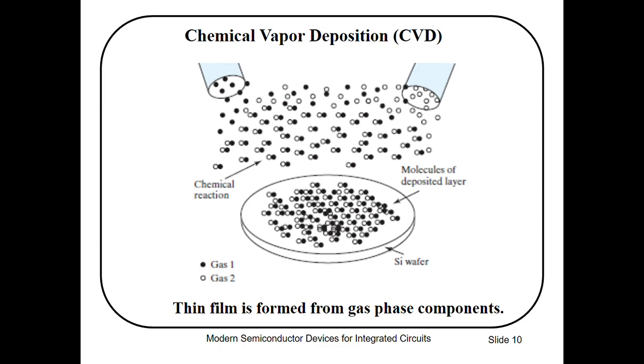In CVD, the thin film is formed from gas phase components. Either a component decomposes to form a thin film or a reaction between gas components takes place to form it. So here in the figure we have a schematic of the CVD process.